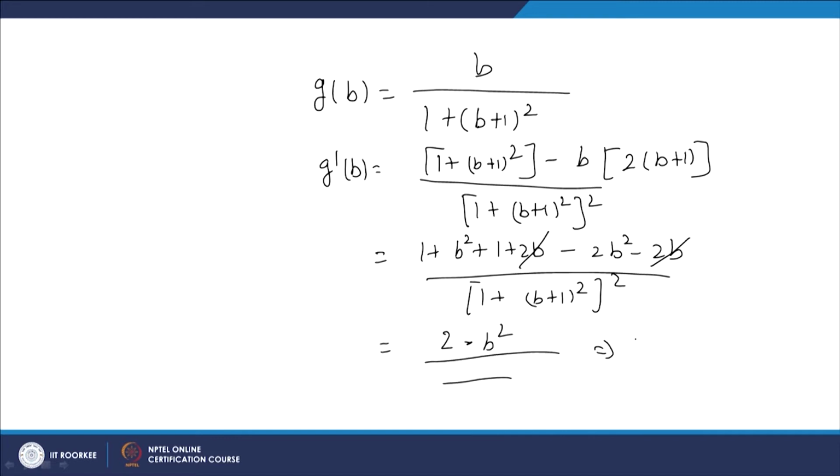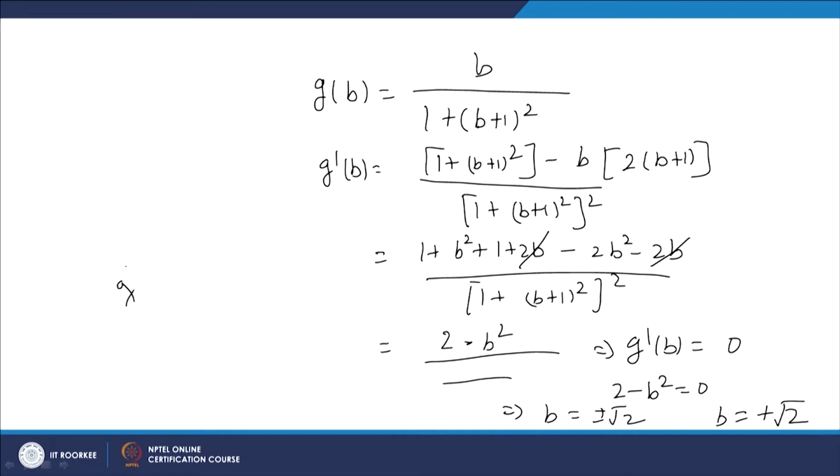So, this implies that g dash b is going to be 0 when 2 minus b square is equal to 0. So, we can say that b is given as plus minus root 2. Now, we already assumed that b is a positive quantity, so we will not consider the minus root 2. So, we simply say that b equal to plus root 2 is a critical point of this.